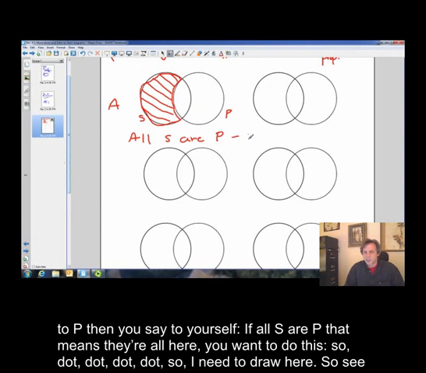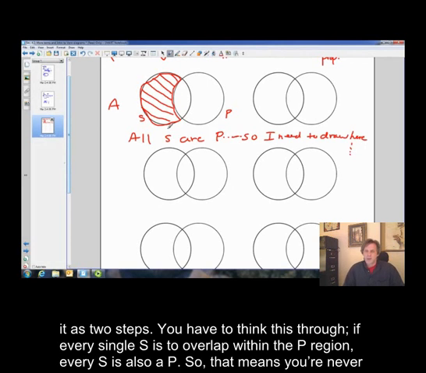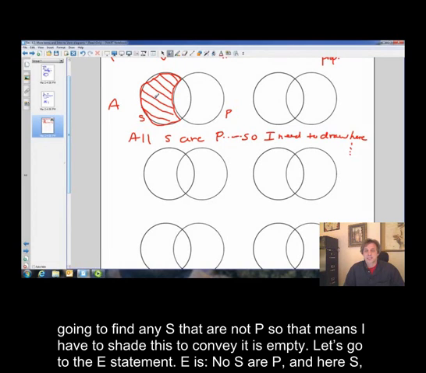So you want to do this. Okay, so see it as two steps. You have to think this through. If every single S is to overlap within the P region, every S is also a P. So that means you're never going to find any S that are not P's, so I have to shade this to convey it's empty.